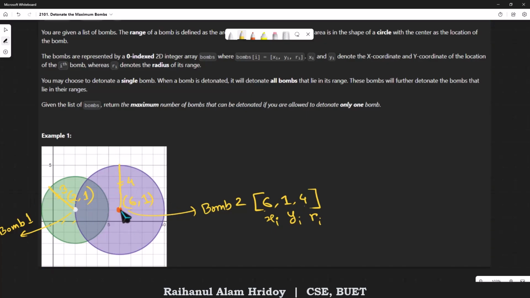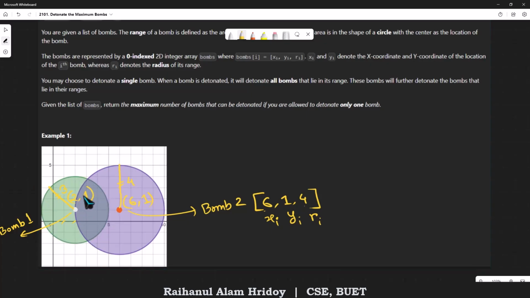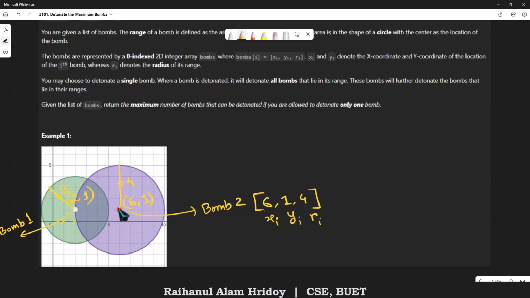If we detonate bomb 2 first, it will also detonate bomb 1. But if we detonate bomb 1 first, its shock wave radius is 3, so it won't be able to detonate bomb 2, because bomb 2's coordinate is out of the radius of bomb 1.